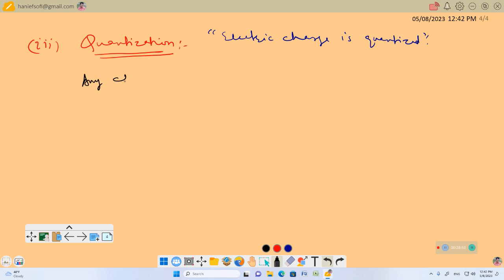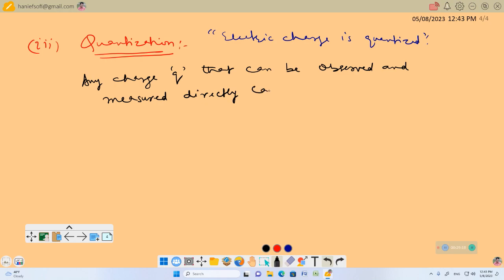Any charge Q that can be observed and measured directly can be written Q equals NE, where N can be 0, plus minus 1, plus minus 2, plus minus 3, and so on.